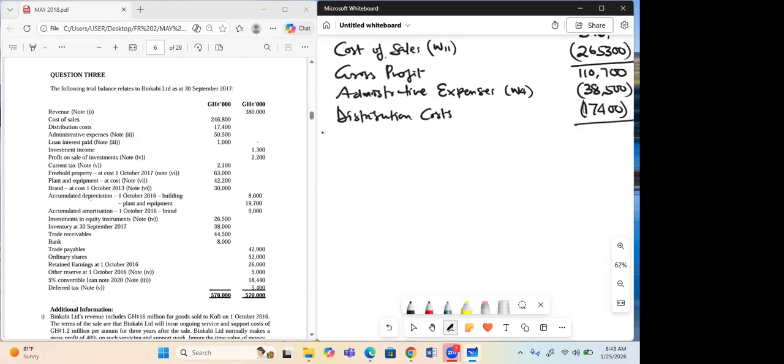So operating profit gives us what? Operating profit, 54,800.